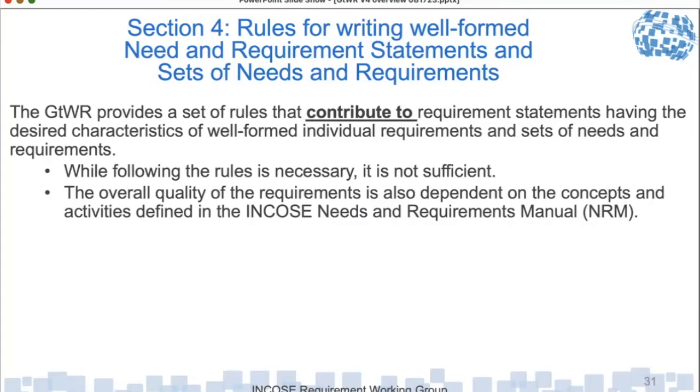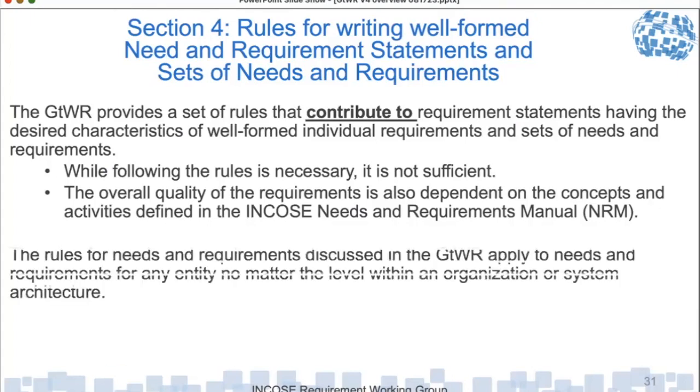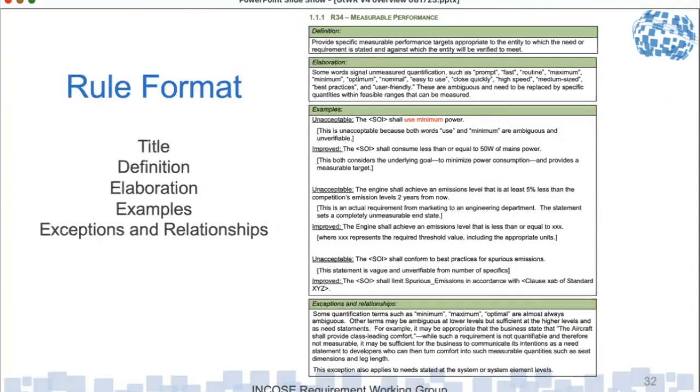Like I mentioned before, while following the rules is necessary, it's not sufficient. The overall quality of our requirements also depends on the concepts and activities defined in the needs and requirements manual. So the rules discussed in the guide apply to needs and requirements for any entity, no matter which level in an organization's architecture that entity exists.